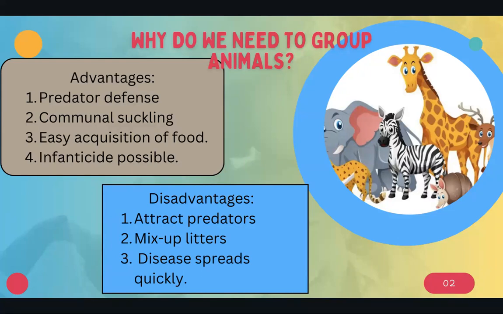Several of them would probably be raised with different characteristics, so they will be mixed up because of the groups that they are in. Plus, because there are a lot of them in the group, disease spreads quickly.